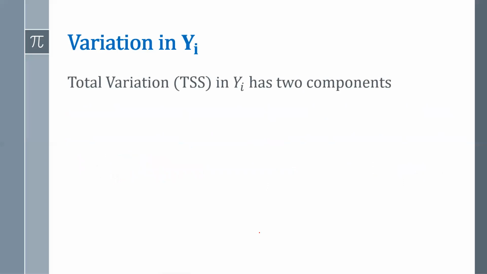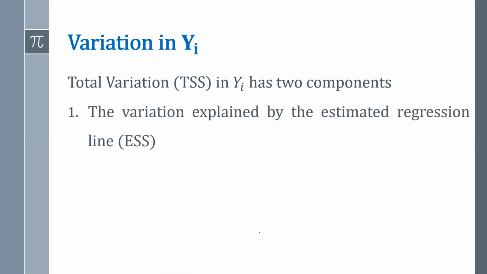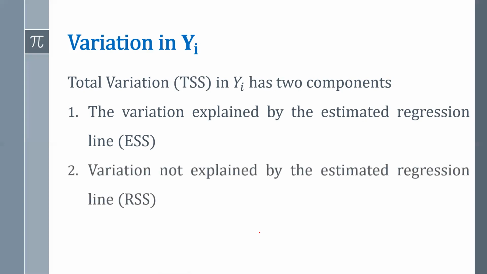Now variation in yi has two components. First, the variation explained by the estimated regression line, that is ESS, explained sum of squares, and variation not explained by the estimated regression line, that is RSS, residual sum of squares. So TSS is equal to ESS plus RSS.